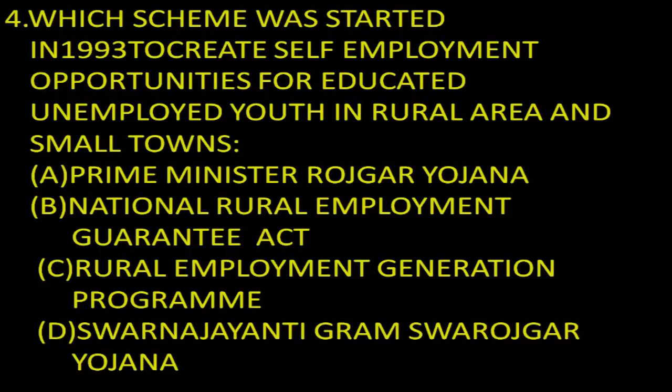Now the fourth question is, which scheme was started in 1993 to create self-employment opportunities for educated unemployed youth in rural areas and small towns? It is the Prime Minister Rozgar Yojana, or the National Rural Employment Guarantee Act, Rural Employment Generation Program, or Swarna Jayanti Gram Swarojgar Yojana. Children, we had discussed that it is the Prime Minister Rozgar Yojana.